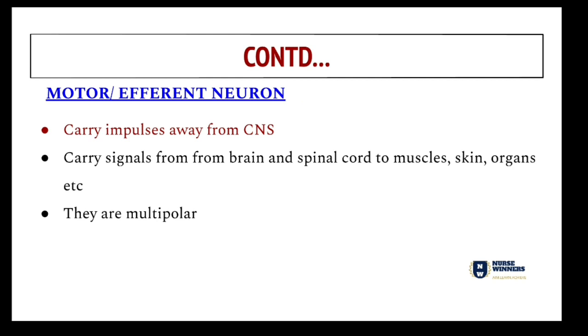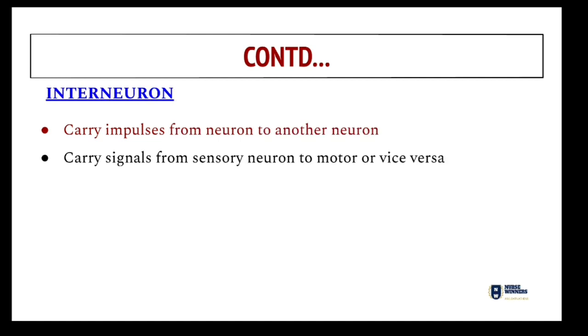The nerve impulses are being carried from brain and spinal cord towards different parts of the body such as skin or organs, muscles, etc. So that is what is efferent neuron or else motor neuron, and basically they are usually multipolar. Afferent was unipolar, multipolar as well as bipolar. Efferent is multipolar.